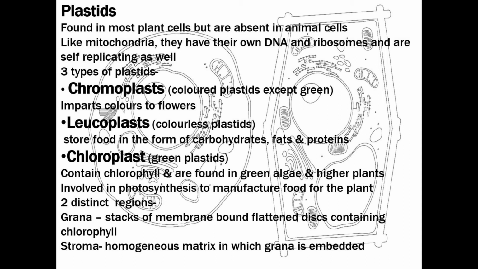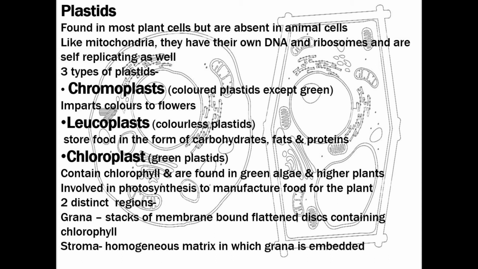That is why we don't have plastids. Like the mitochondria, they also have their own DNA and ribosomes and are self-replicating as well. Mitochondria has its own DNA, that is why it can replicate itself, and it also has its own ribosomes. So basically plastids are kind of like the mitochondria of plant cells.